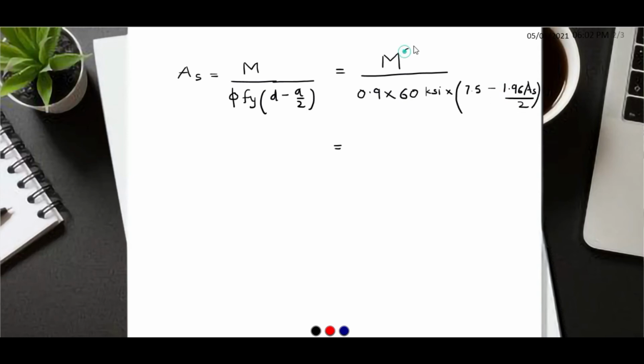Note that this moment is in K feet per feet. So let us change this feet into inch because here we have used inch. So this will be equivalent to 12 M K inch per feet, because we will get the reinforcement area of steel per feet.